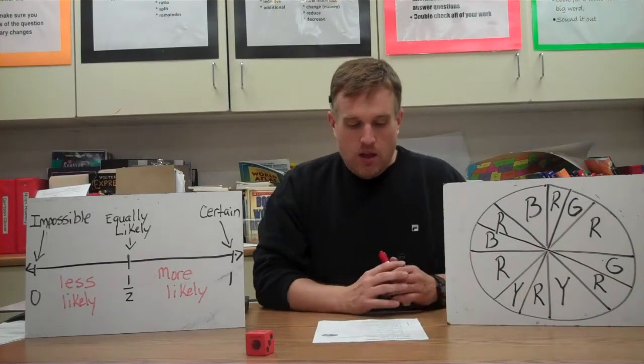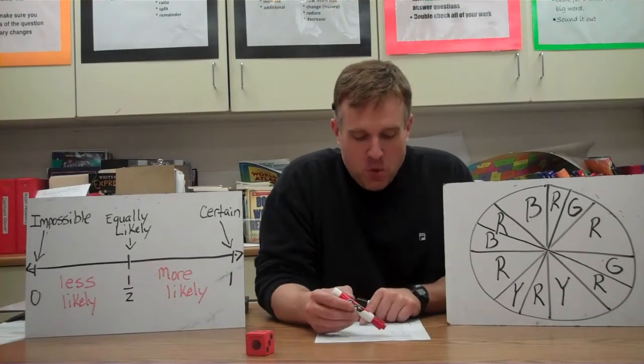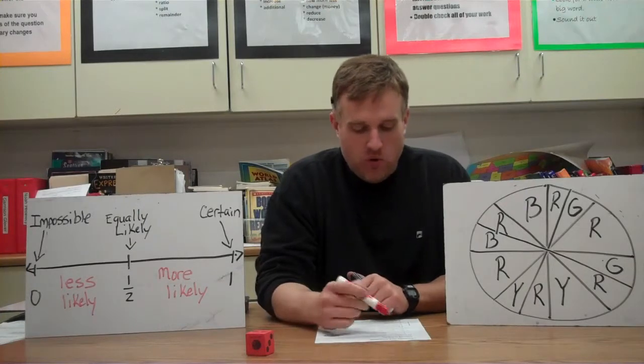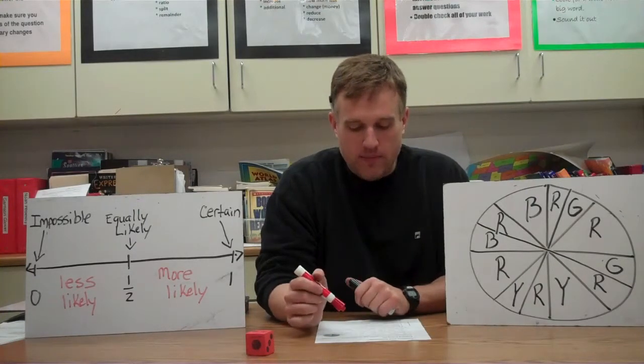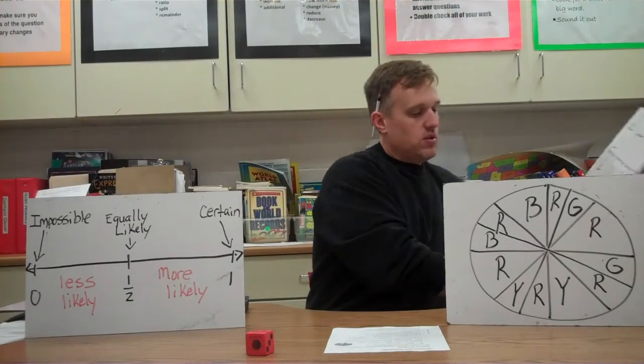Okay? It says you spin the spinner shown. It is equally likely that the spinner will land on green as on red, yellow, or blue and red. So the easiest way to do this is just to work it out.